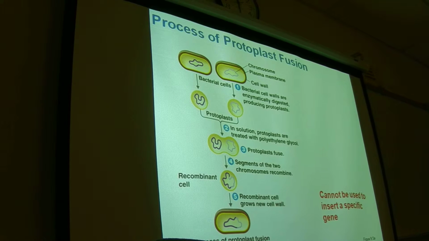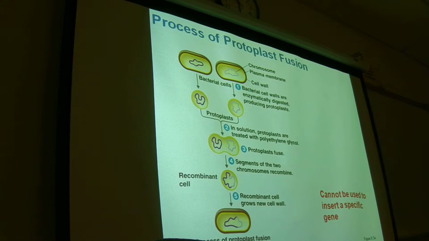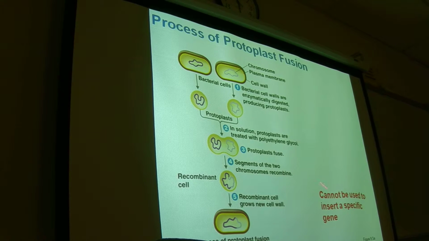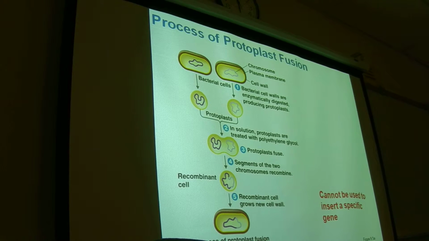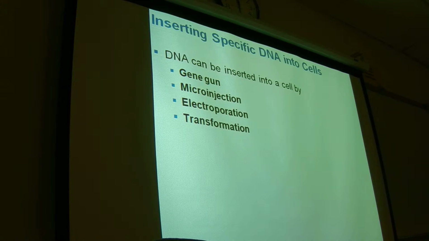It's basically if you wanted the whole genome of one cell to move into another cell, you would use protoplast fusion. It's basically just forcing the two cells to merge together to form a single cell. So this cannot be used to insert a specific gene. So when we talk about transformation, in order to get a gene into a cell, protoplast fusion is not what you would use. What you could use would be any of these 4 techniques.